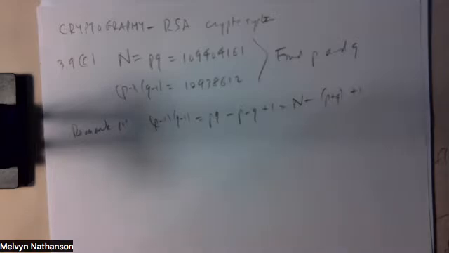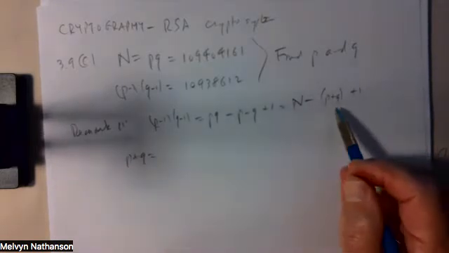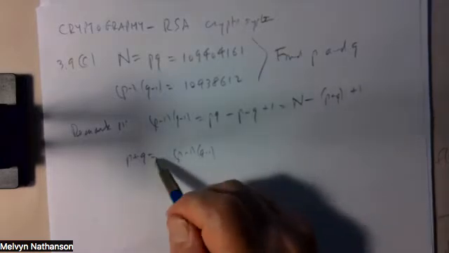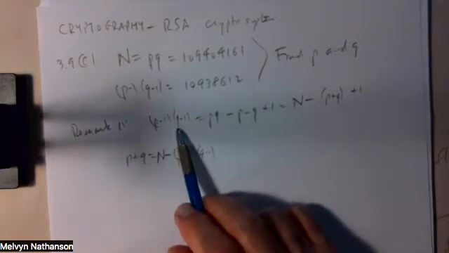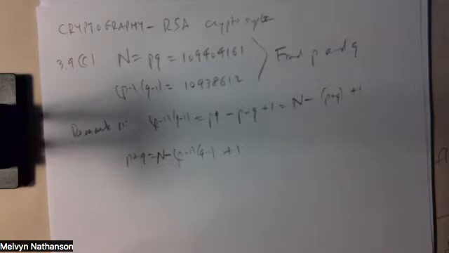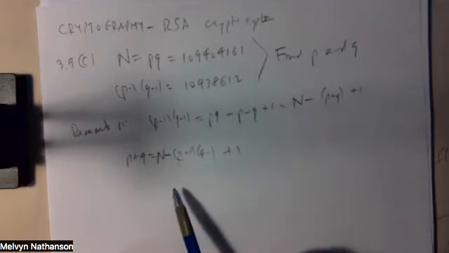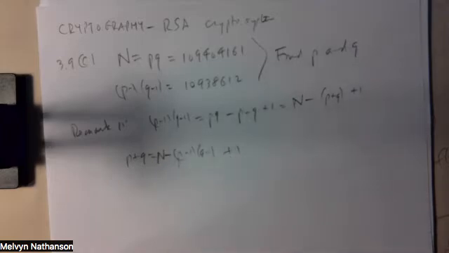Let's just work out what p plus q is. p plus q is equal to n minus (p minus 1)(q minus 1) plus 1. Right?